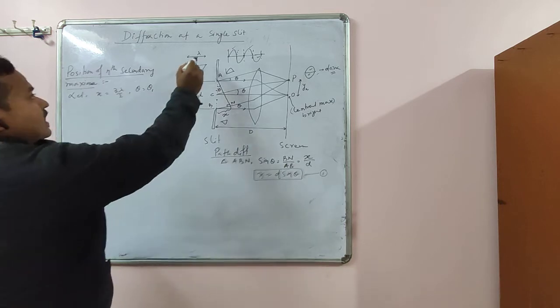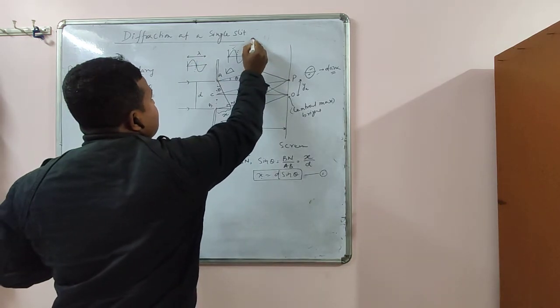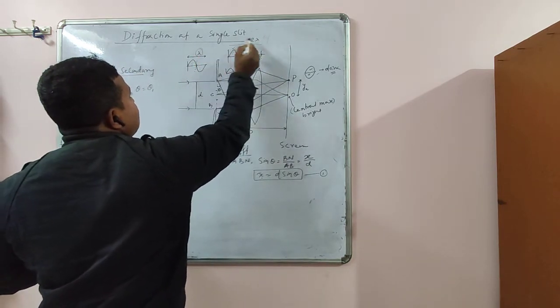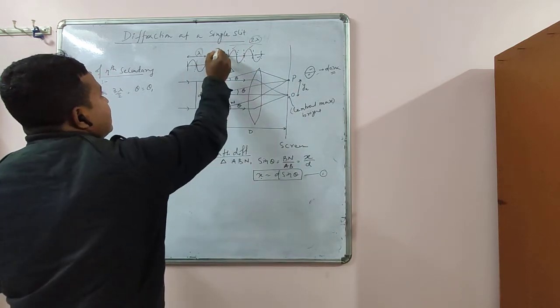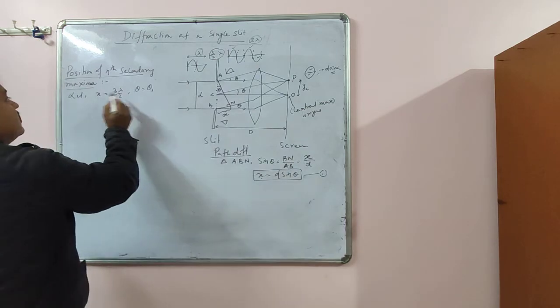Now you see lambda, this is 2 lambda. In between lambda and 2 lambda it is 3 by 2 lambda. Now here I am considering suppose x equal to 3 lambda by 2.